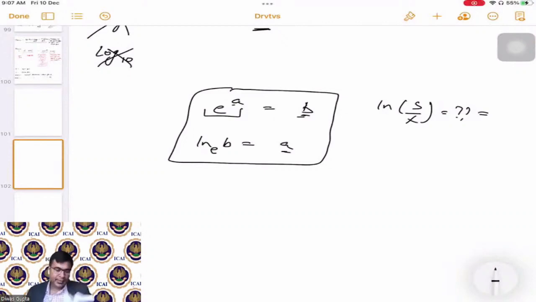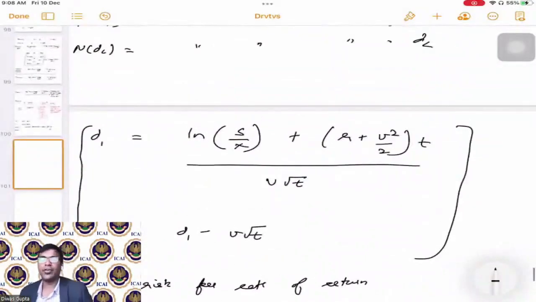Now let us understand another thing. D1 is a very elaborate formula. This includes the use of standard deviation, which is V squared. Namita asked about uncertainty in the expectation, and I agree. You can expect something and the actual can be different.